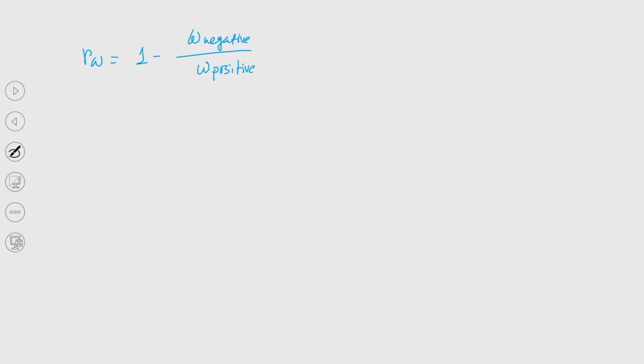Right. So, this is the work ratio. You can understand that the ratio of negative work to the positive work is a decisive factor for the thermal efficiency of the plant.